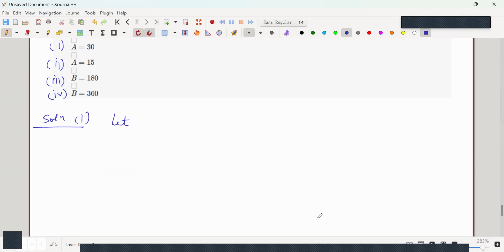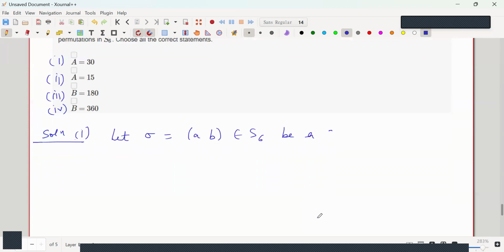So let sigma equal to (A B) belong to S6 be a two cycle, or transposition.